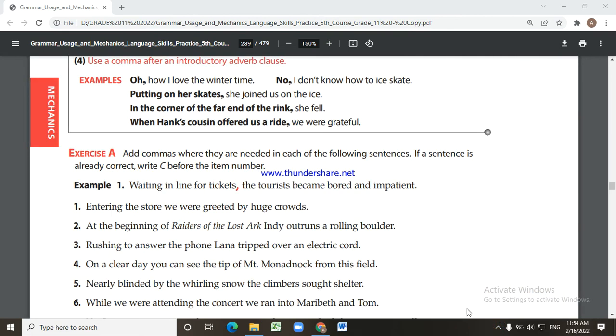Okay, number three, rushing to answer the phone and then put a comma. Number four is correct, but we have another answer. We can add a comma after the word day. In number four, we have two possibilities. Either to leave it as it is because it is correct, or insert a comma after the word day.